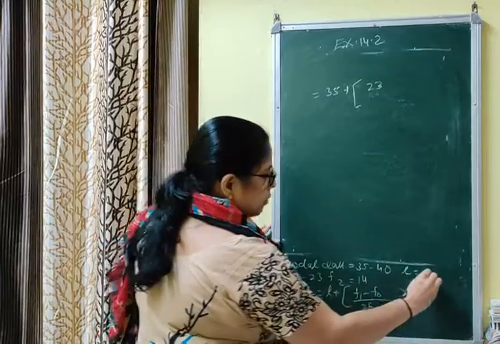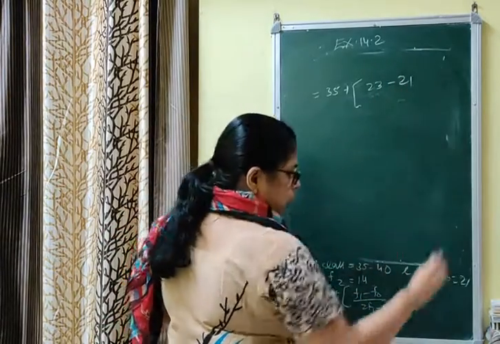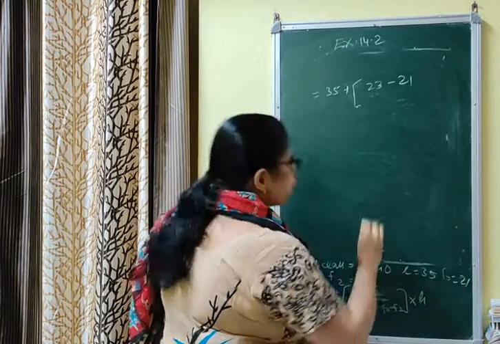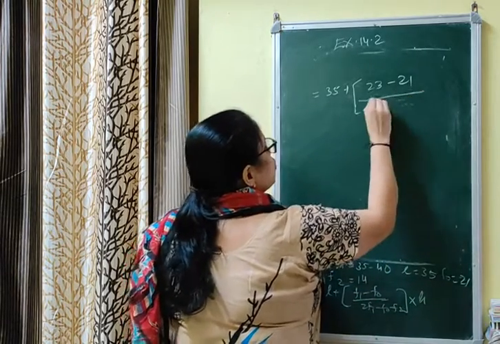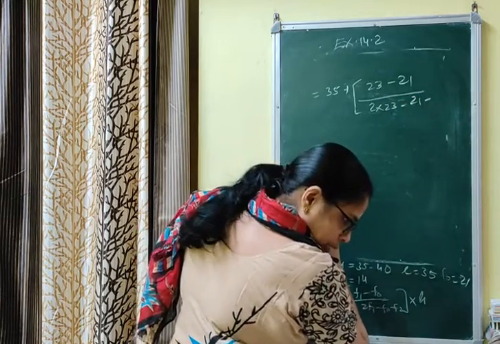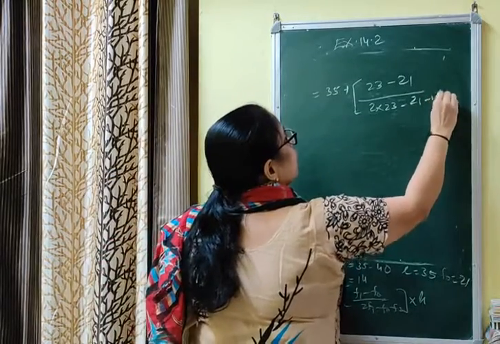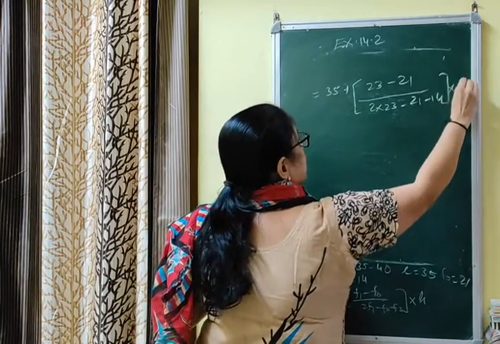That you have to write somewhere. f0 is equal to 21. That is 23 minus 21 whole upon 2 f1, 2 into 23 minus f0, that is 21, minus f2. f2 is 14. Into h is 10, class size.